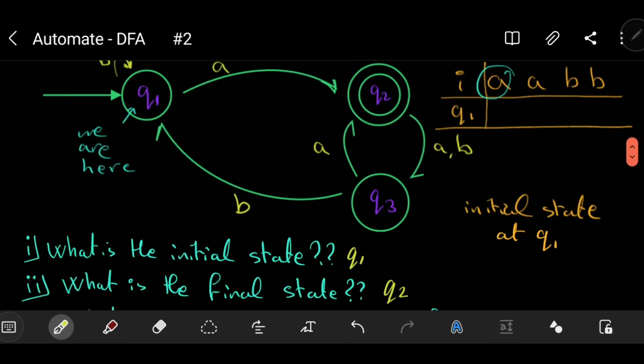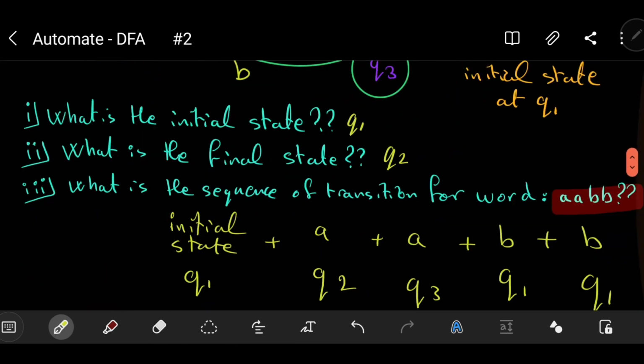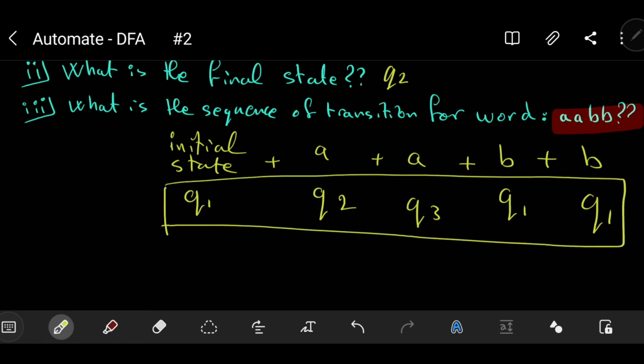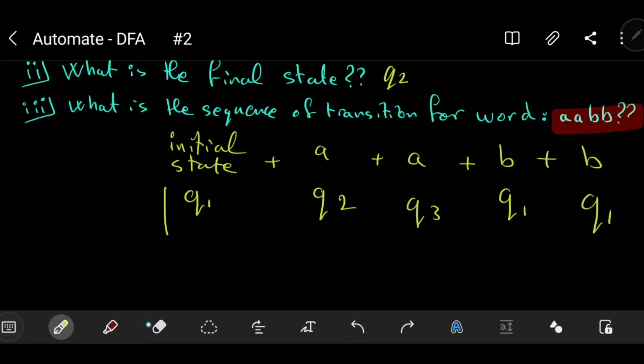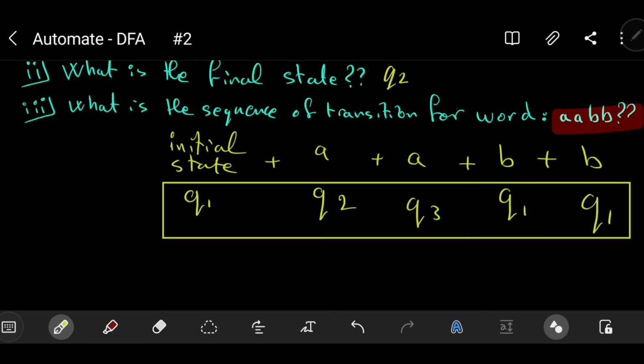This is what we have solved. This is the question, and this is the answer. Let me box the answer.